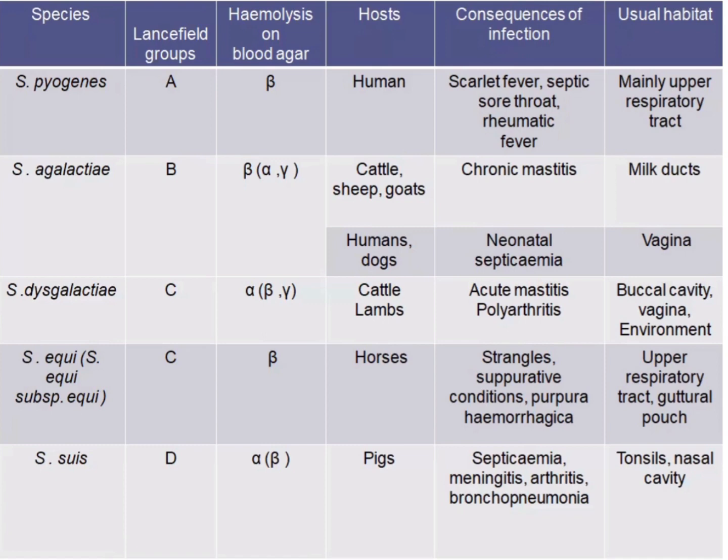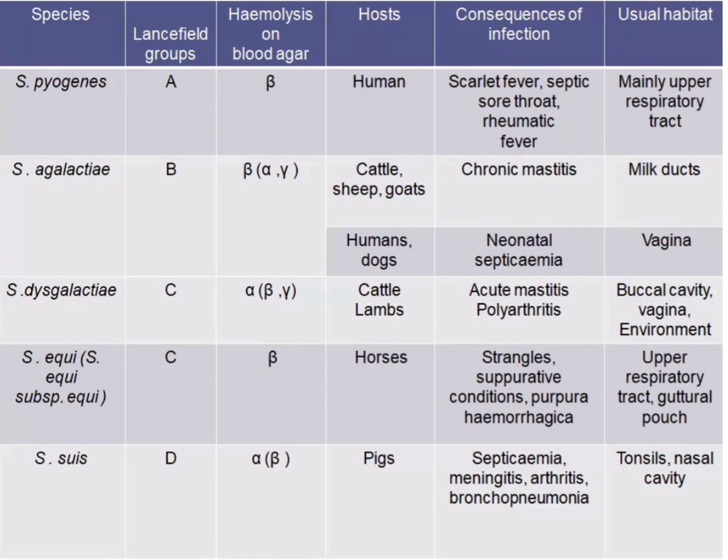The Lancefield grouping of Streptococcus equi is C, and it produces beta hemolysis on blood agar. The common host of Streptococcus equi is the horse, and the consequences of infection are strangles, and supportive conditions such as purpura hemorrhagica.